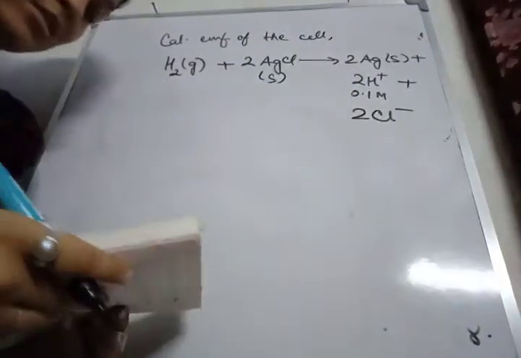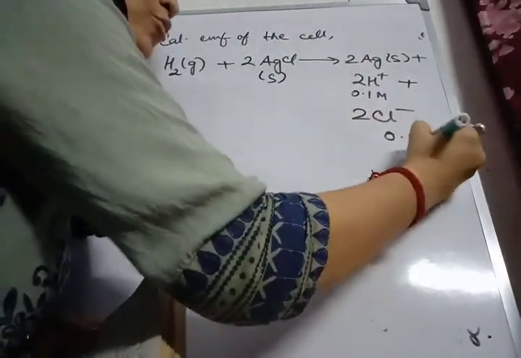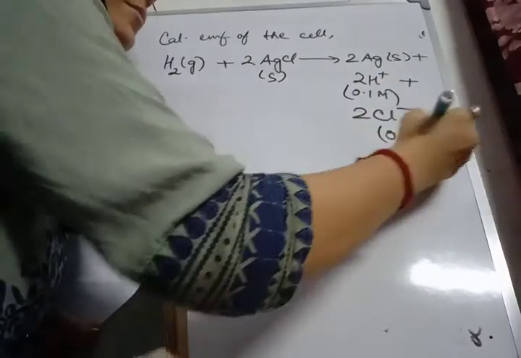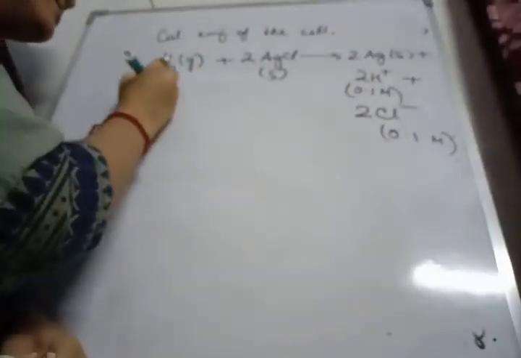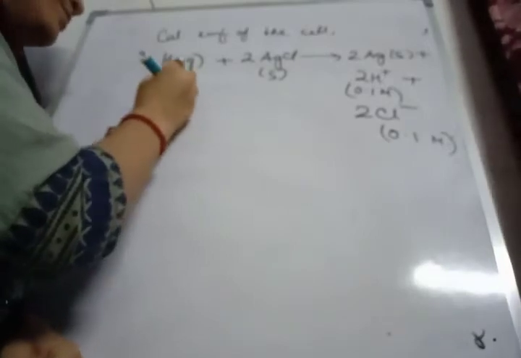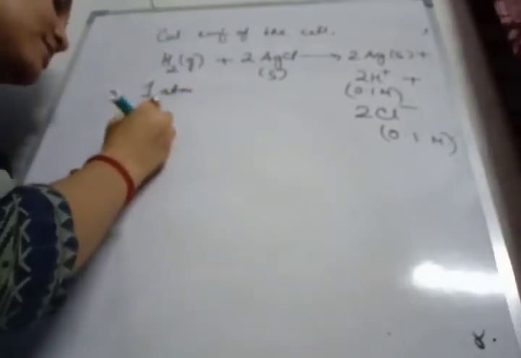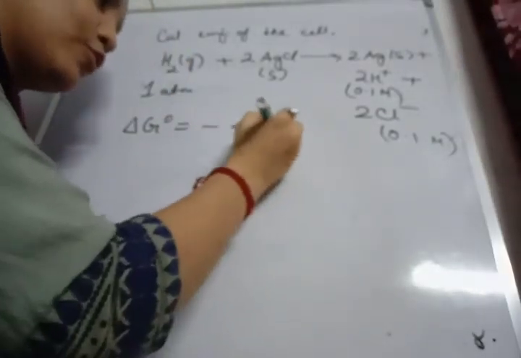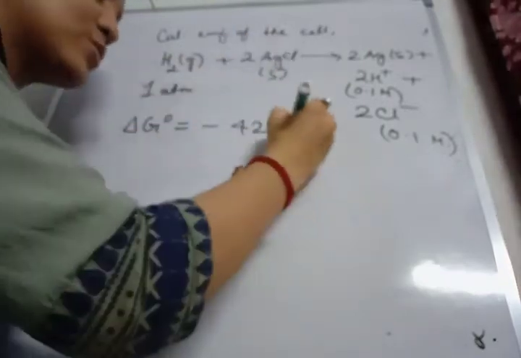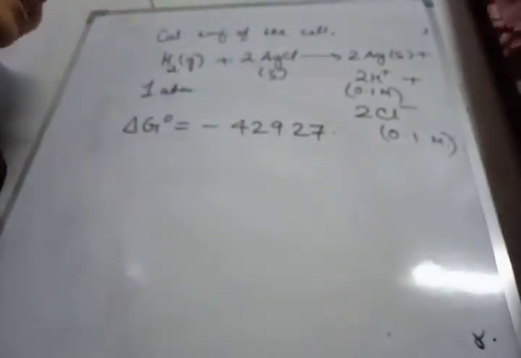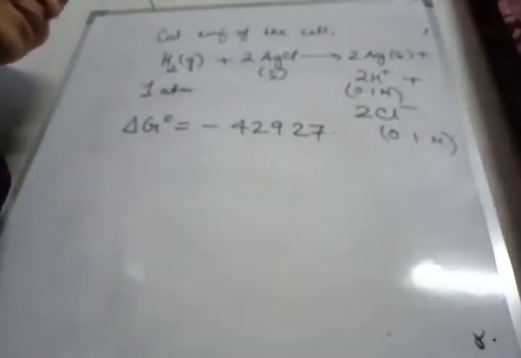The H+ concentration is 0.1 molar, and the Cl- concentration is also 0.1 molar. The pressure of hydrogen gas is 1 atmosphere. And what else is given? ΔG0 is given as minus 42927. Now we have to find the EMF of the cell.